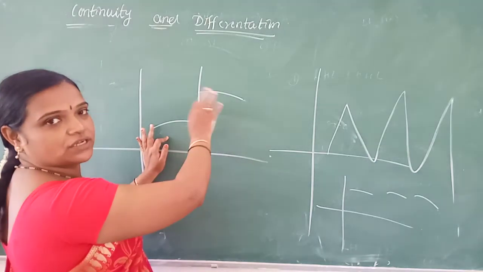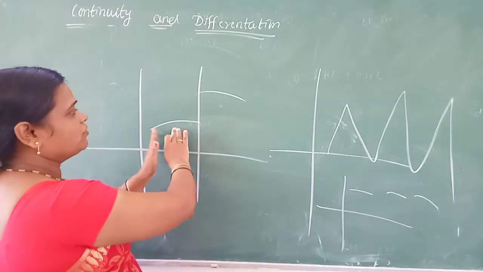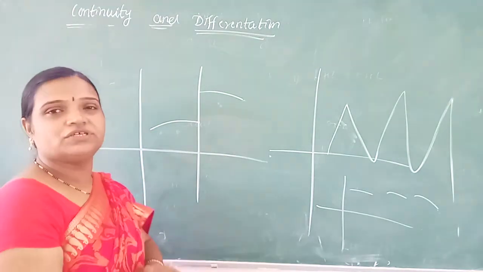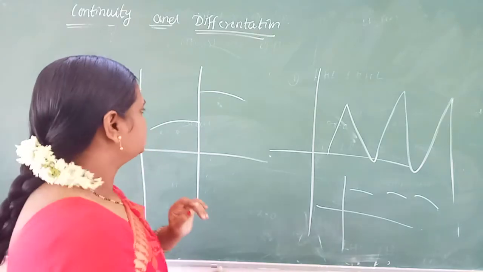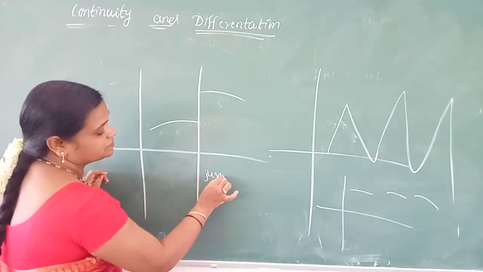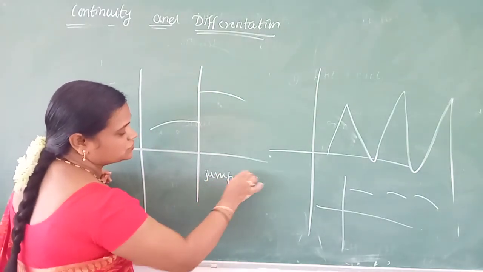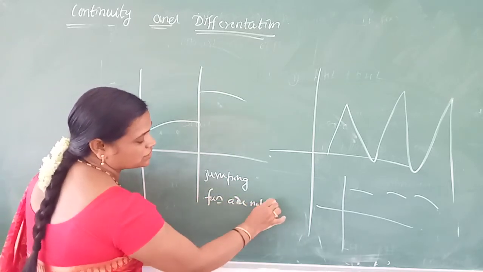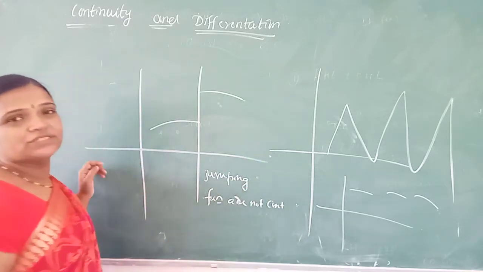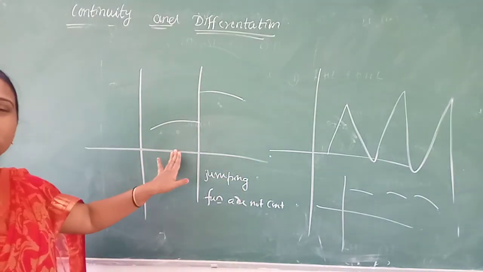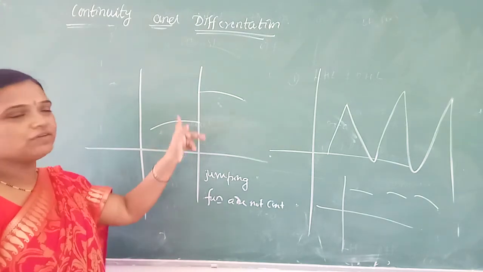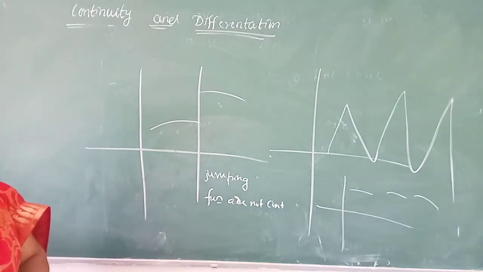Are both equal? No. Means one value is jumped to another value. Means jumping functions. Remember that? Jumping functions are not continuous functions. See, this is one and this is another one. Both the values are not similar.